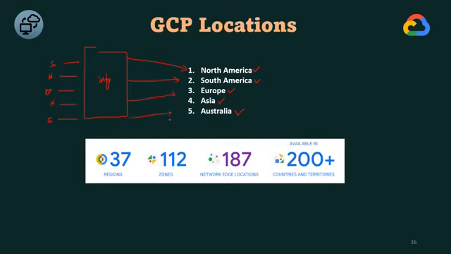These five locations are further divided into regions. Google has 37 regions until today, and these regions are further divided into zones. There are 112 zones.